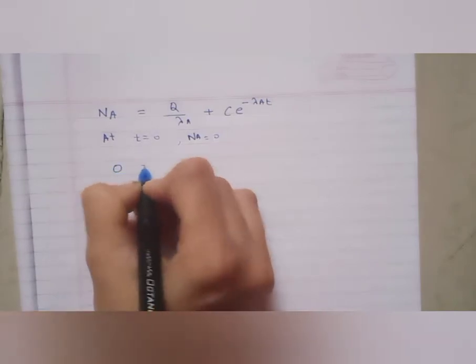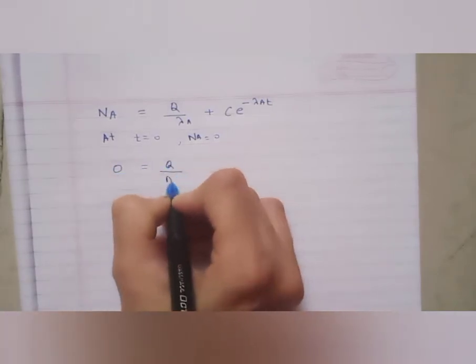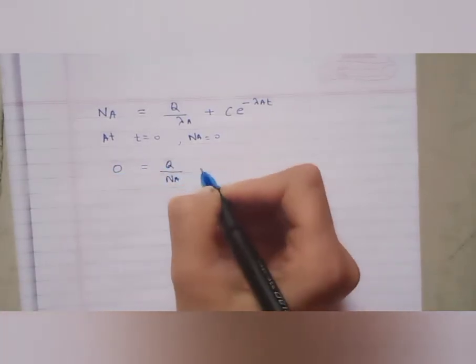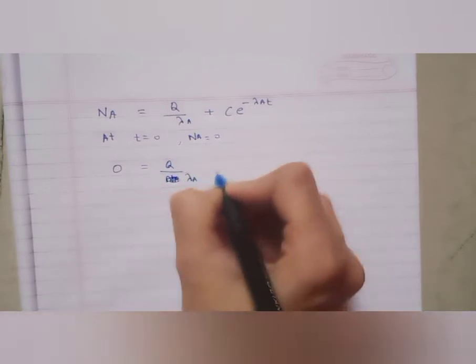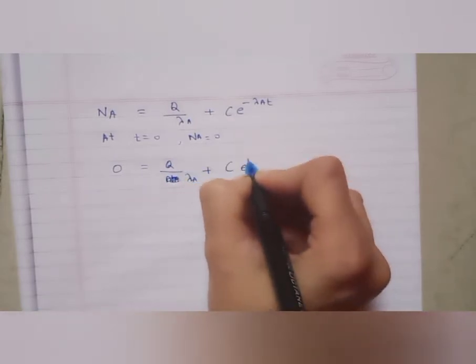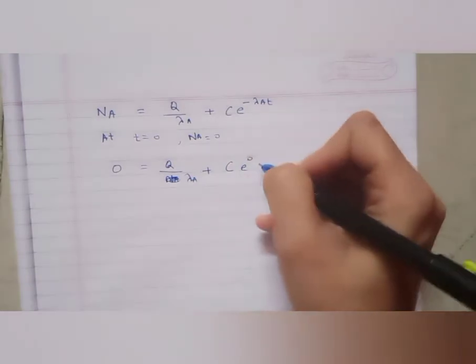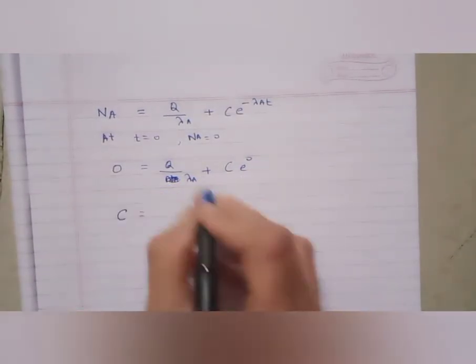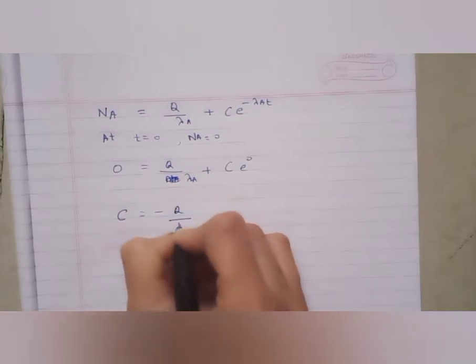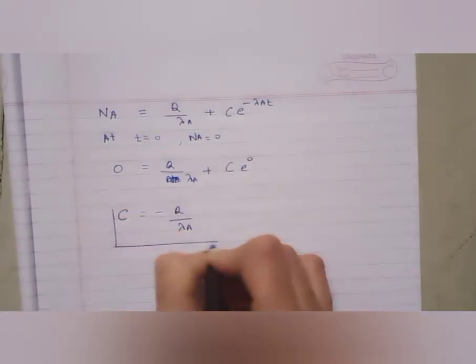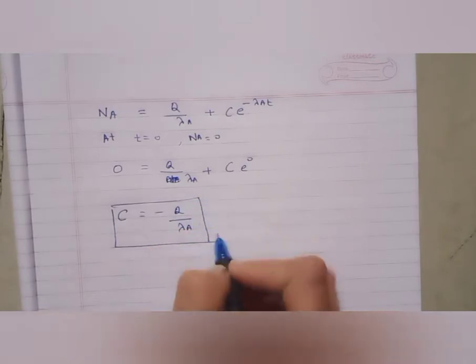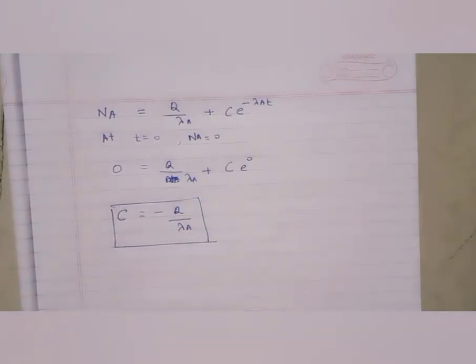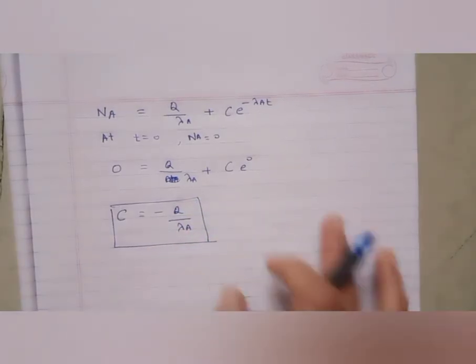So Na equals 0 equals Q upon lambda A plus c e raised to the power t, whose value is 0, so e raised to 0, which is 1. So what I will get is c equals, shifting this to this side, minus Q upon lambda A. So this is the value of the constant. Now I will substitute this value of the constant.